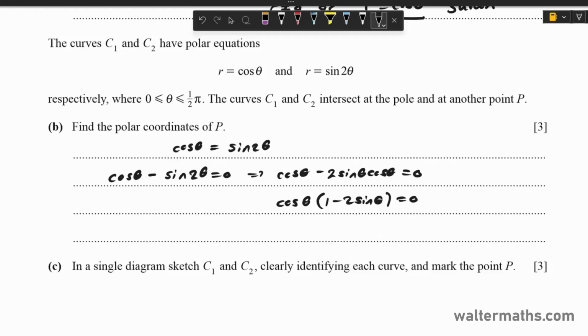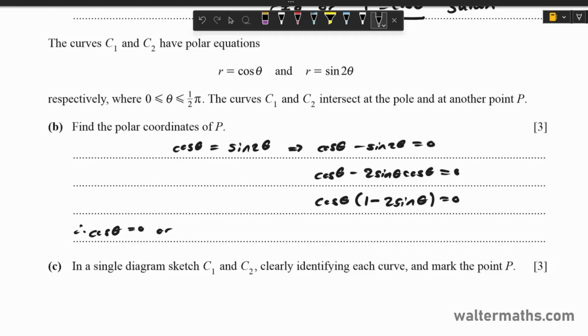So essentially here we are saying that it's either cos theta equal to 0 or 1 minus 2 sine theta equal to 0, which basically is sine theta is equal to a half.